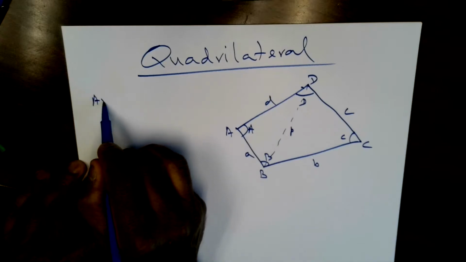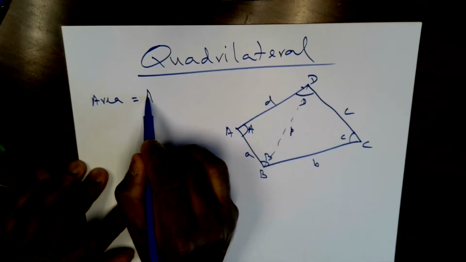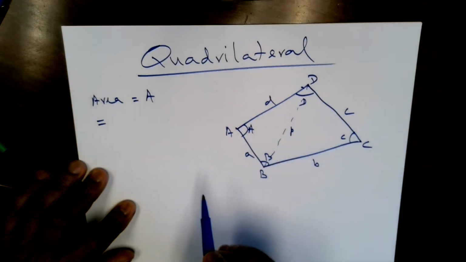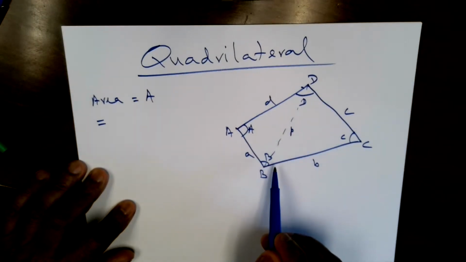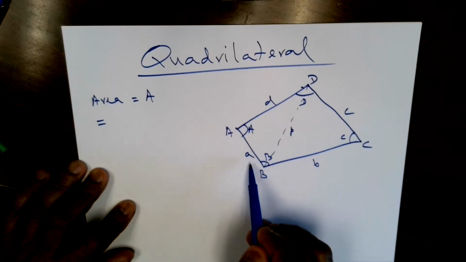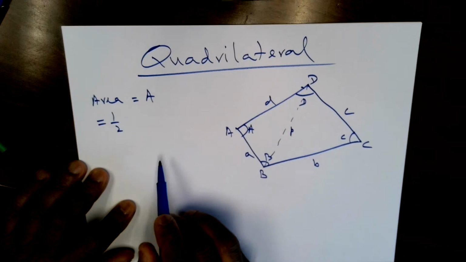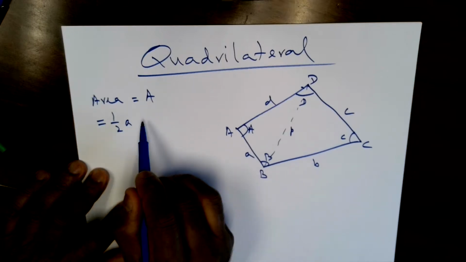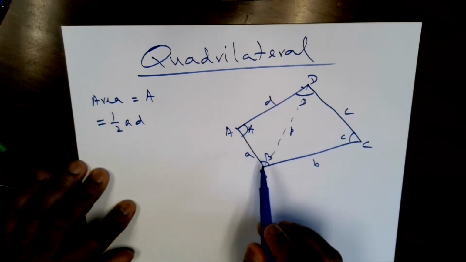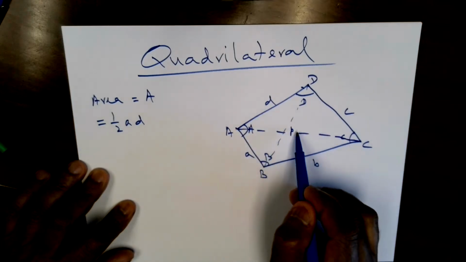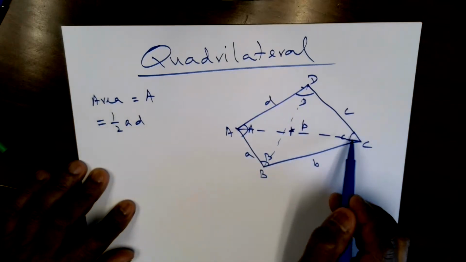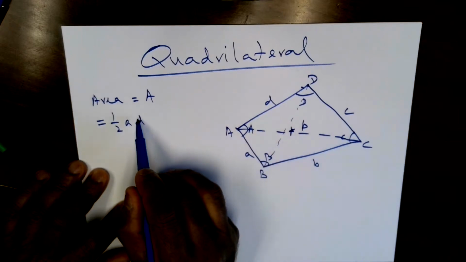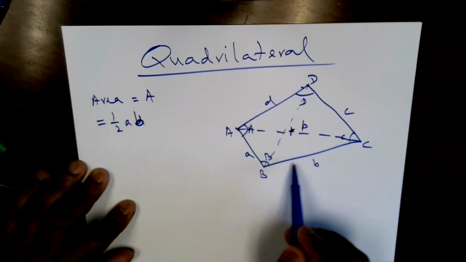So notice that the area of the quadrilateral is the area of the two triangles, so that's going to be half AD. Let me call this between A and C, using this diagonal.